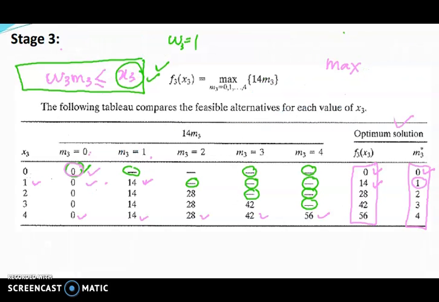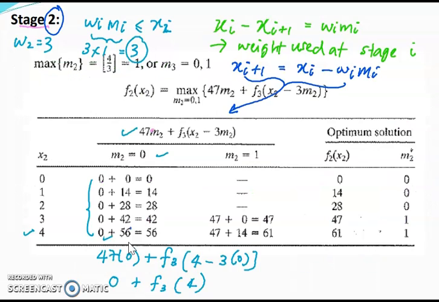If we refer back to our previous stage, stage 3, f3 of 4 equals 56. So f3 of 4 means that when x3 equals 4, the value is 56. That's why we add 56 here. So 0 plus 56 is 56.